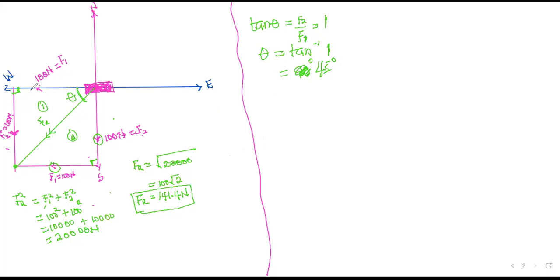So if somebody is at the west and measures an angle of 45 degrees in an anti-clockwise direction, you determine the direction of the resultant. If you're also standing at the south and you measure 45 degrees in a clockwise direction, you also determine the direction of the resultant.